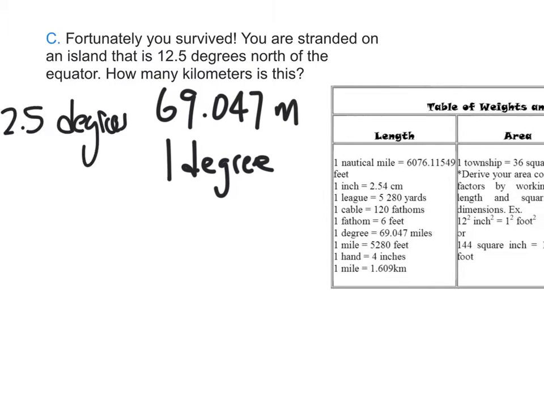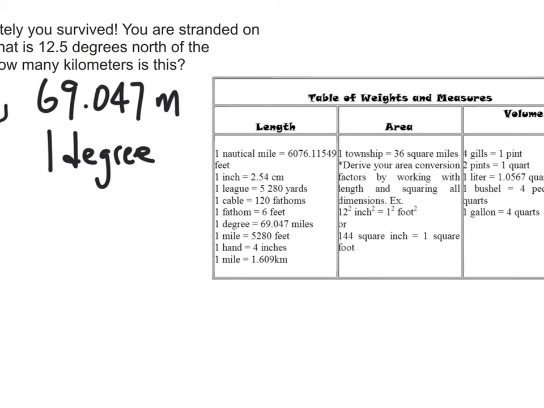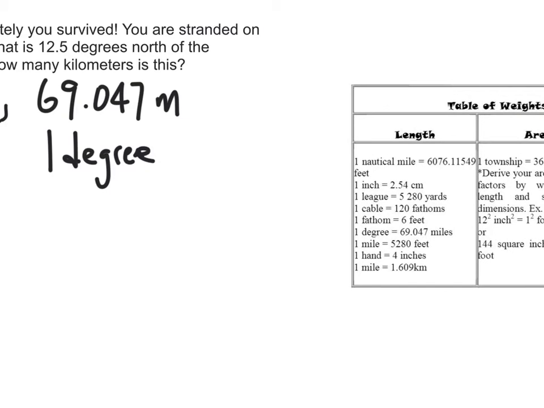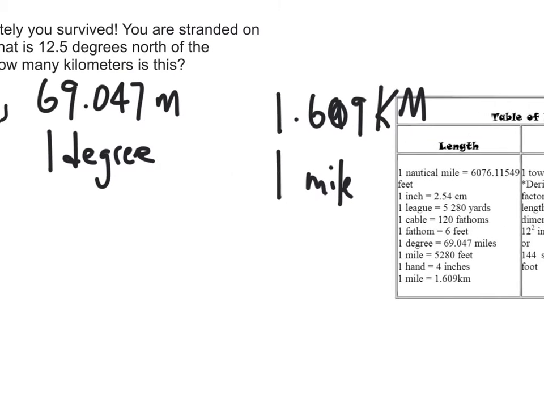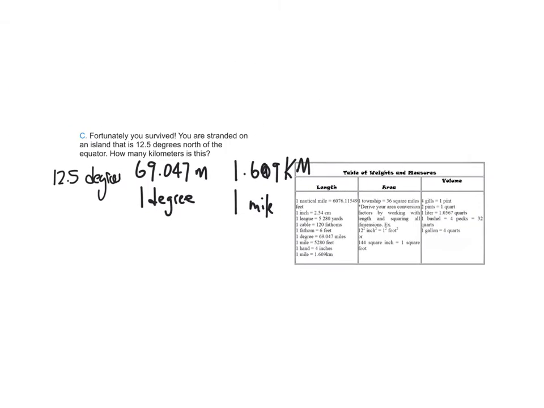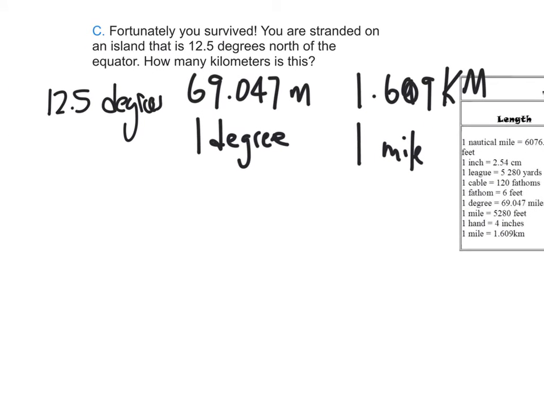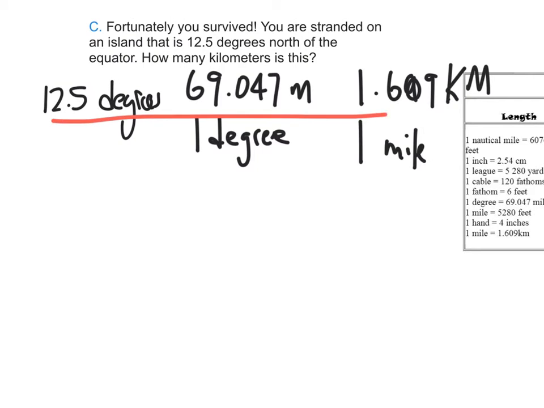And I know that when we're looking at miles, 1 mile is equivalent to 1.609 kilometers. Okay, so what happens next? Let's draw a little table, and we're going to have to do a little bit of canceling.